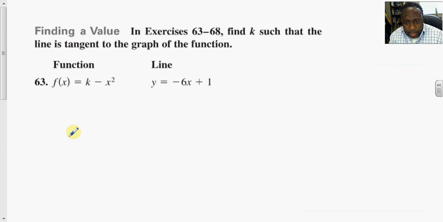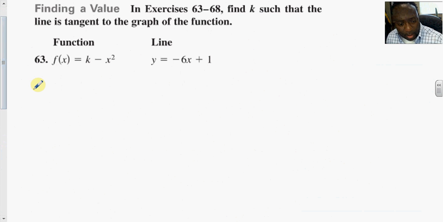What they're saying is that if you have a function, does the line touch the function? And if it does, does it touch it at a point? And if so, can you manipulate k to make it happen? Because we don't know where this parabola is. We can identify the line, right?